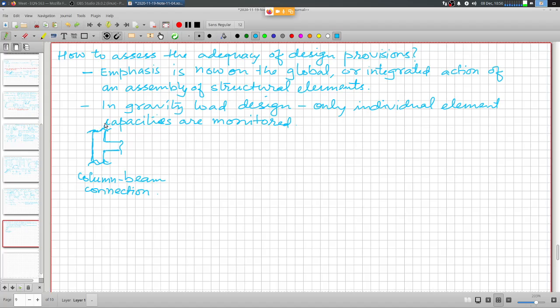We do not have the experimental capacities to test full scale structures to failure, and there is no system in the world which can test that. It's not that it cannot be built, but it is not required and it is not economical.